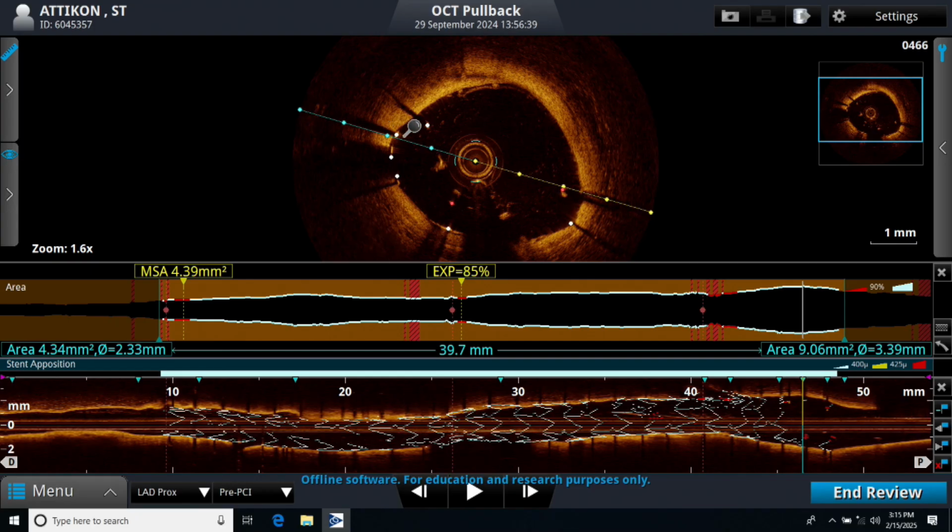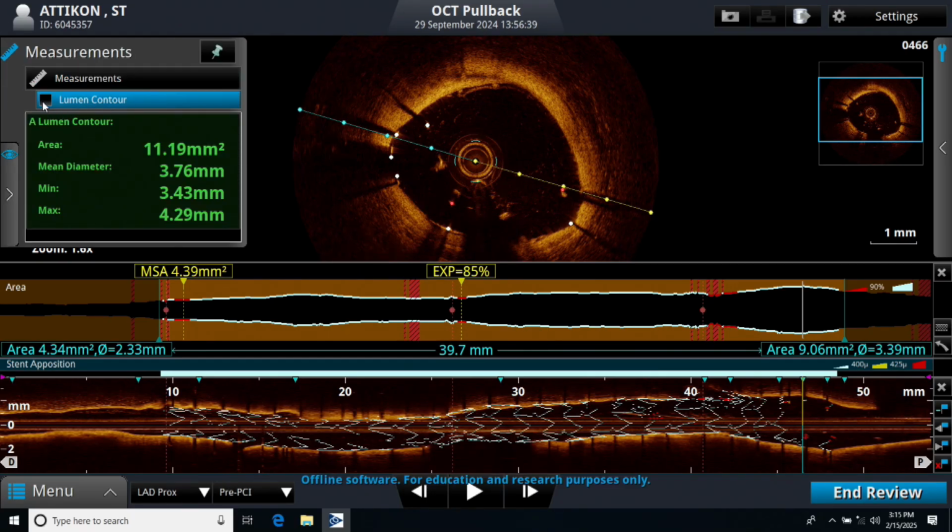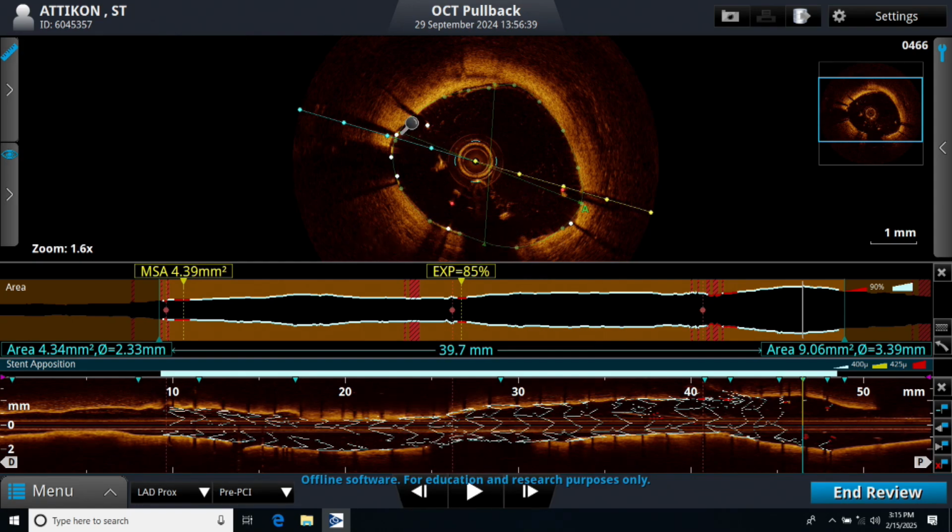You can start to see that on one side, for 3/4 of the vessel, you don't have any struts, while on the opposite side you have this dual strut level. One is here, and the other one is this way. If I ask to trace the lumen contour, this is the lumen contour, but in fact this is the contour of the vessel.